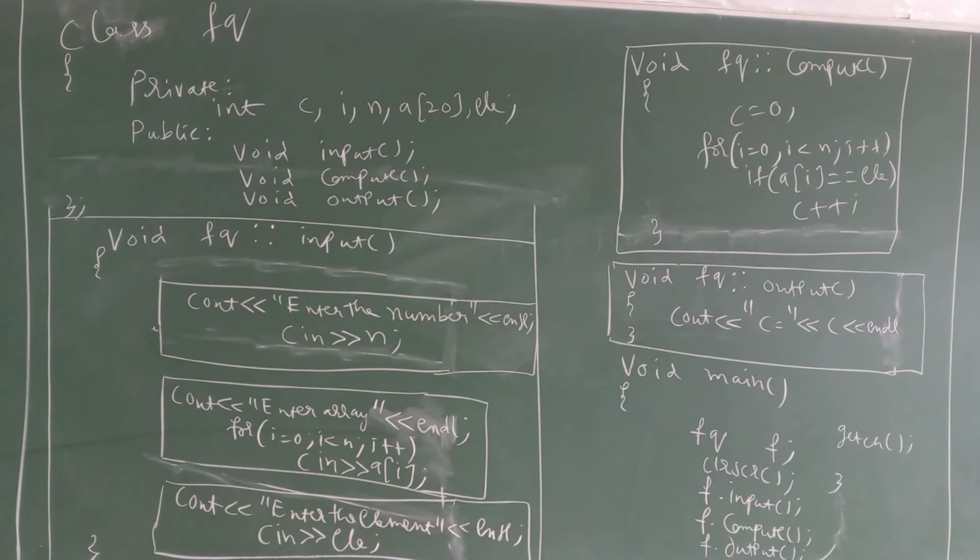Clear now? Clear? I'll send this whole video as well as the program. You copy it down in your observation. Okay, you can see the video. Okay, clear? This ends your program.